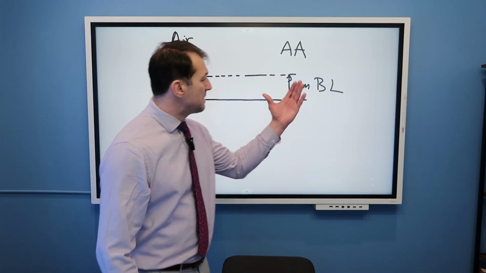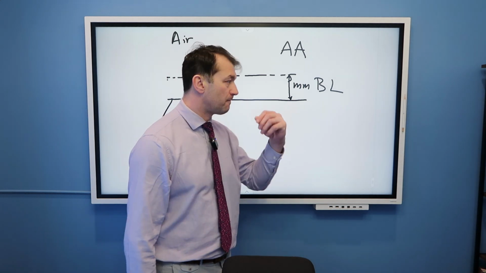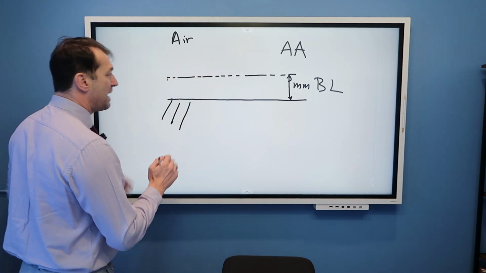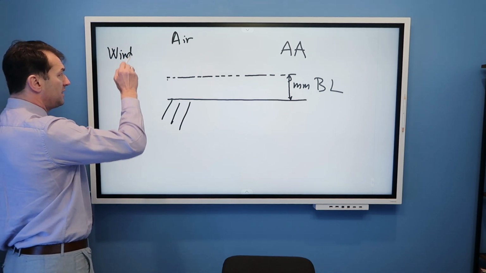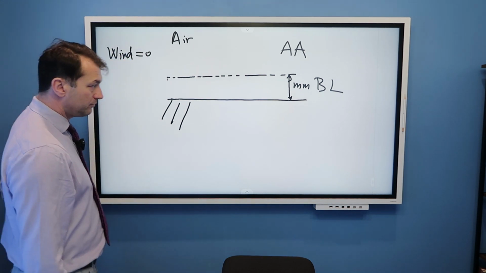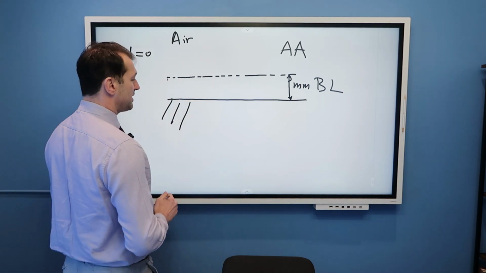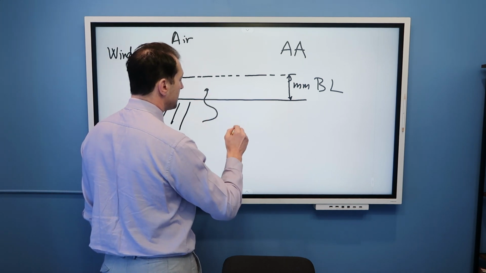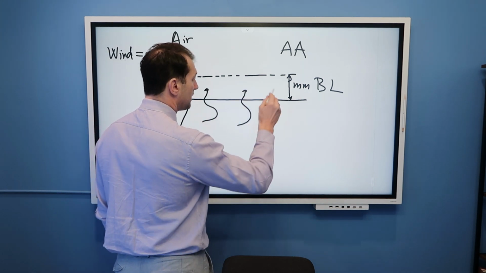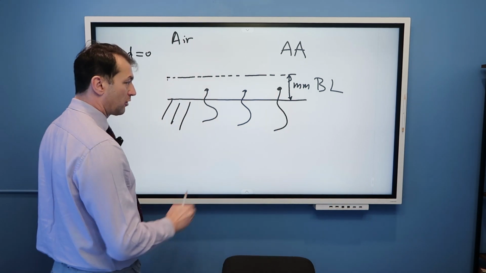So what is the importance of the boundary layer and how is that related to wind chill? We will first examine the condition when there is no wind. Wind equals 0. In that case, what is happening here is that our body, our skin, is warming this air in the boundary layer through the process of conduction.